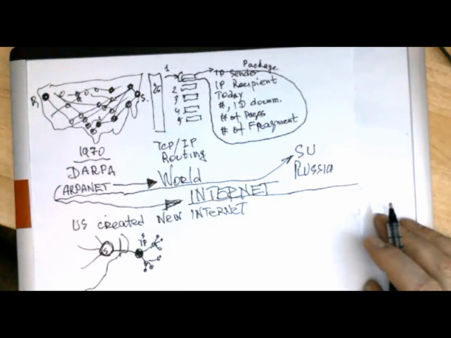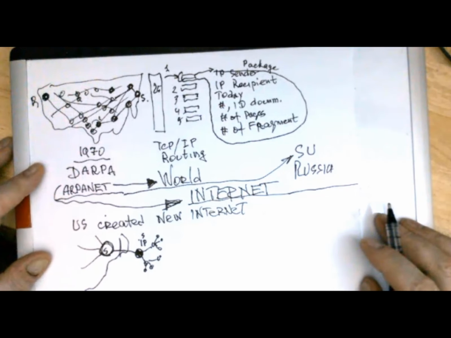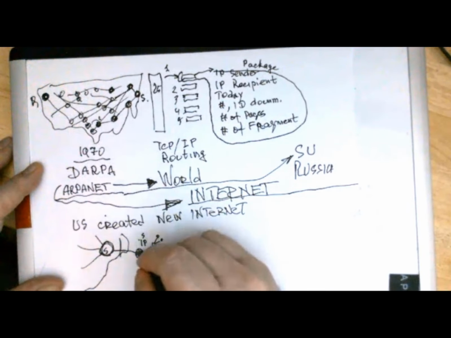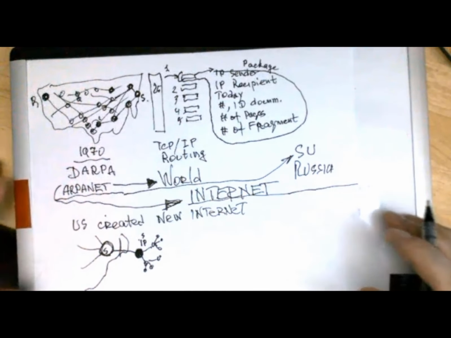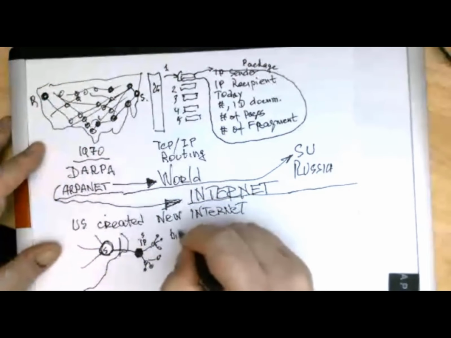Question: can I create myself as an internet service provider? Folks, yes, I can. Nothing is prohibited. But can you imagine how much a server for an internet service provider costs? Billions of dollars.